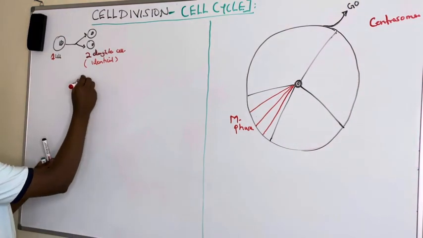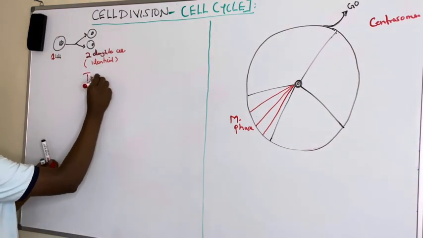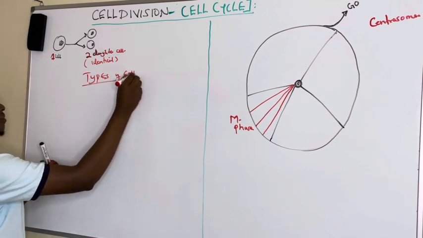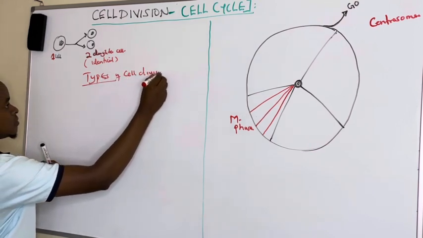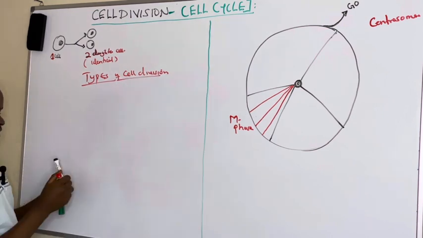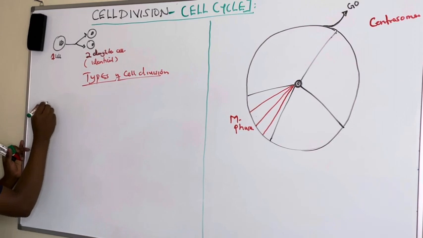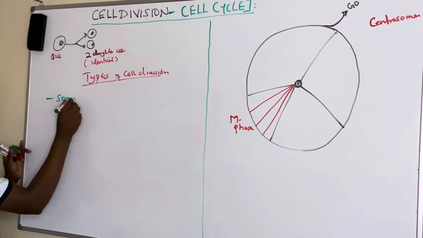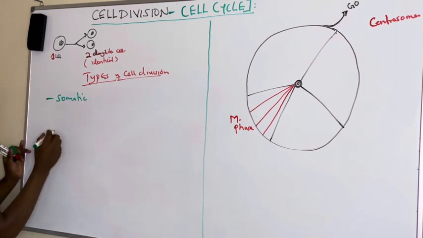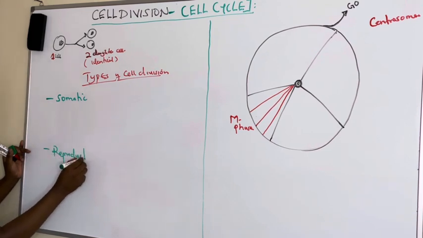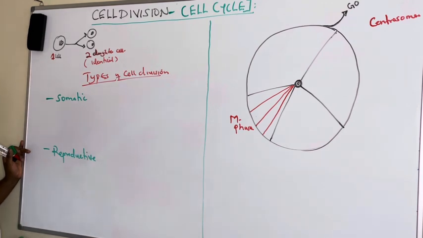And the types of cell division include somatic cell division, and we shall also see reproductive cell division.